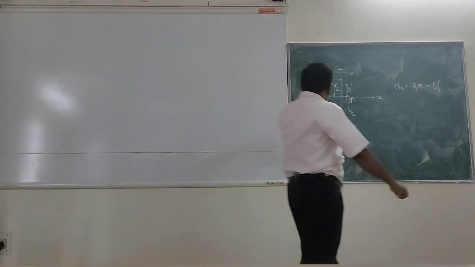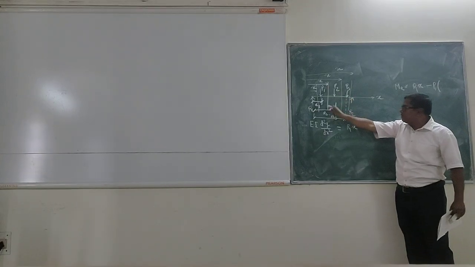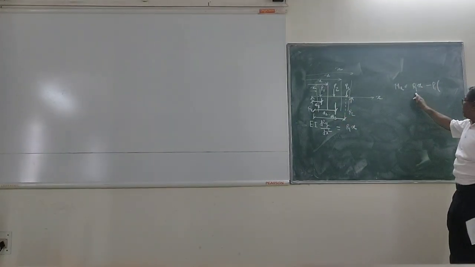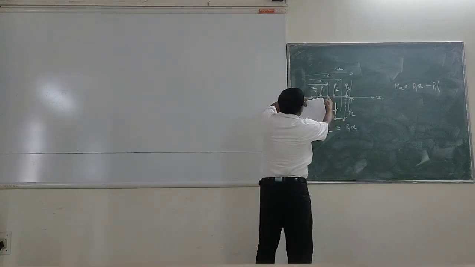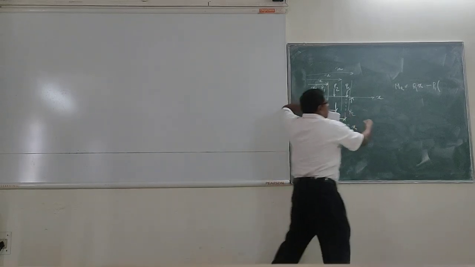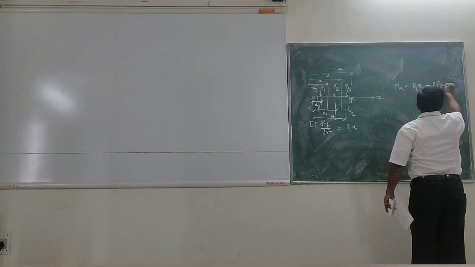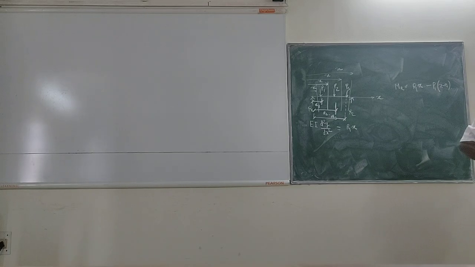So now if this distance is A1, what will be the moment Mx at this section? R1 into X minus P1. From here to here the distance is X. From here to here the distance is A1. So what will be the moment? X minus A1. Is it clear? Have you understood?